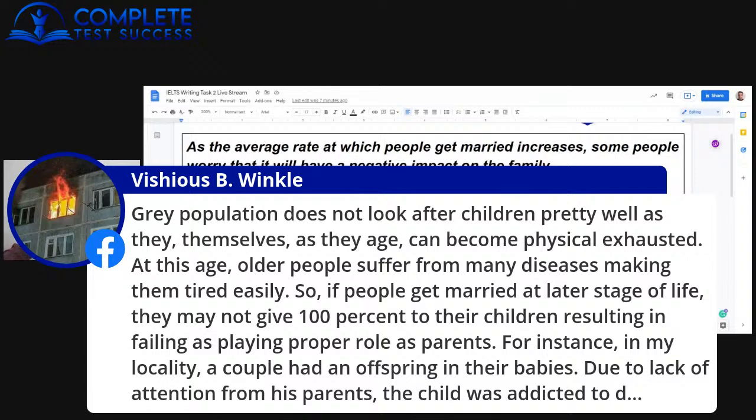Okay, so that all makes sense. There's some vocabulary that you're kind of getting a bit mixed up here. So like an offspring in their babies, that doesn't translate.